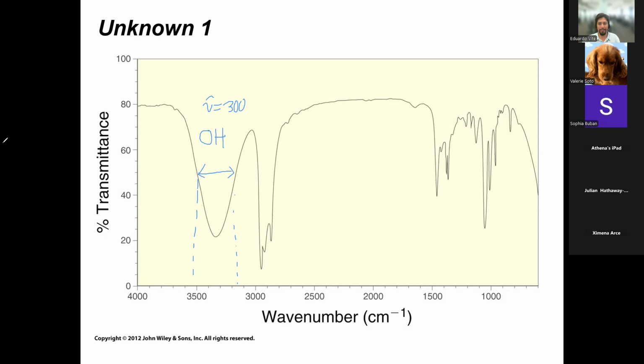And again, let's look at 1700. Is this part of a carbonyl? Let's see. 15, 16. Here's 17 right here. Do we see any peaks at 1700? Are there any peaks here? The yes or no question. Either there are peaks or there aren't.